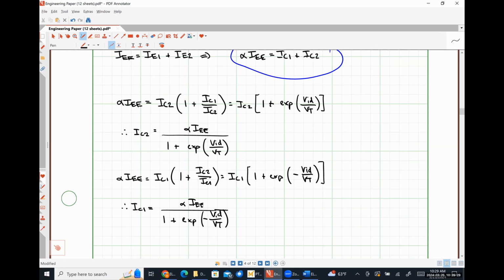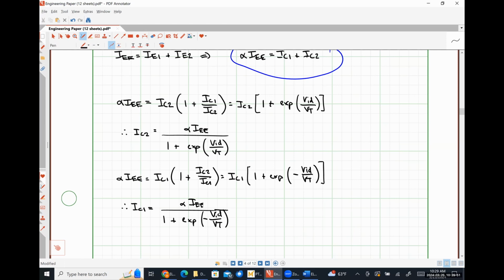Now let's say that VID is a positive quantity. If VID is a positive quantity, where it's, let's say, significantly larger than VT, then IC2 is going to approach 0, and IC1 is going to be something large, right?